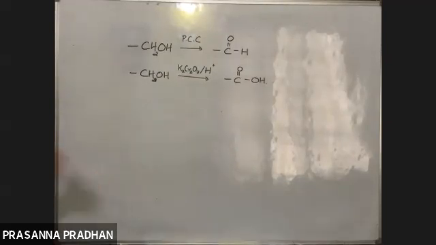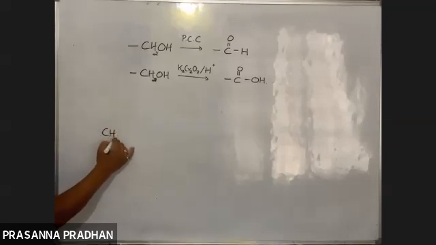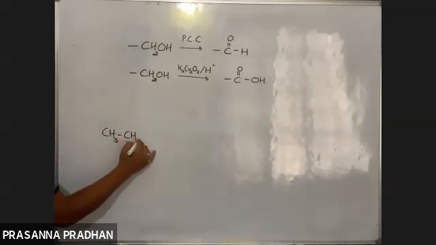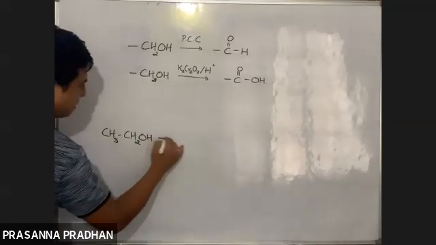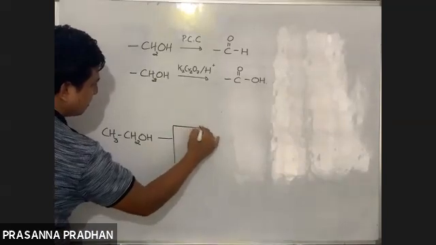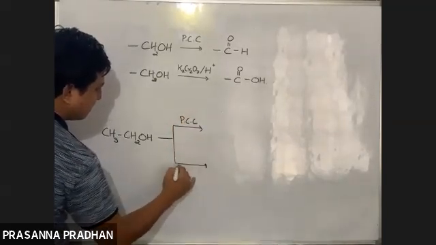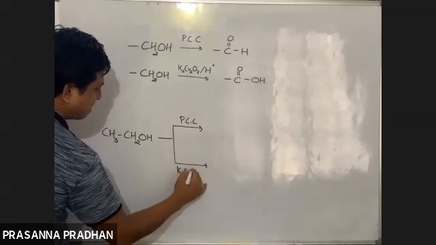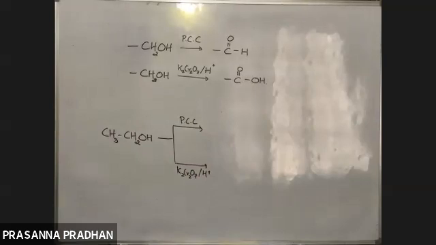Now I'll give you some examples. Say I have CH3CH2OH, ethyl alcohol. So what are the products with PCC? How will you convert 1 degree alcohol to an aldehyde?